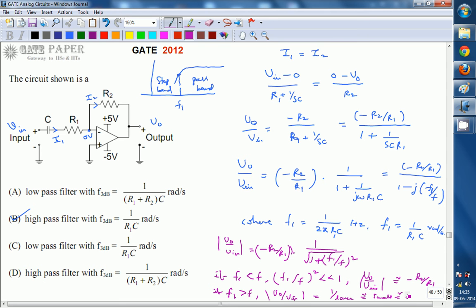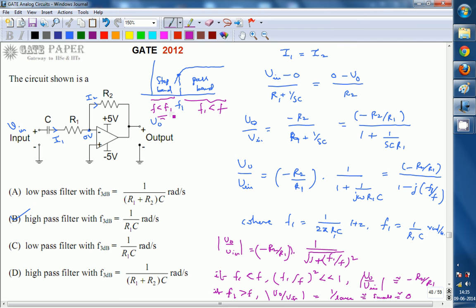The gain provided when the signal frequency is less than f1 is very small, and can be approximated as 0. So this frequency range is f1 less than f, and this frequency range is f less than f1.